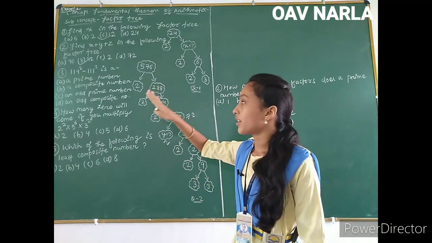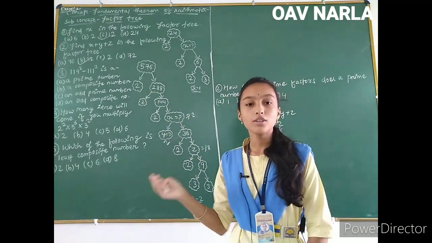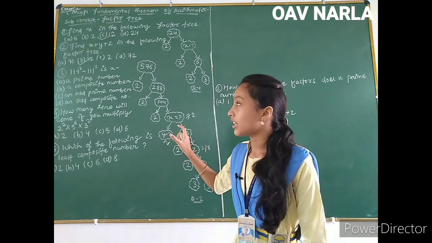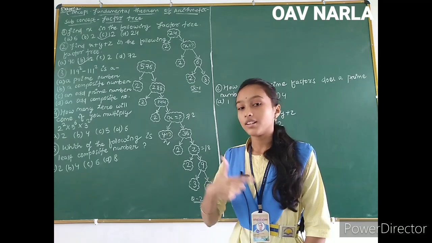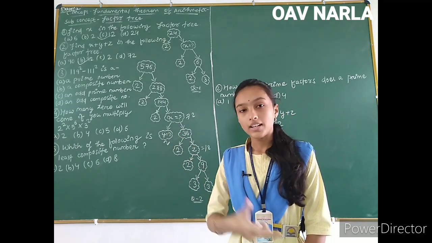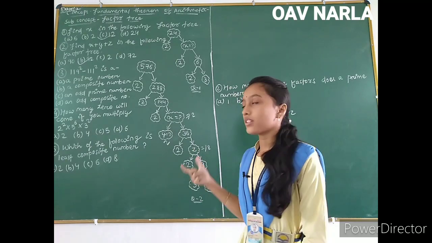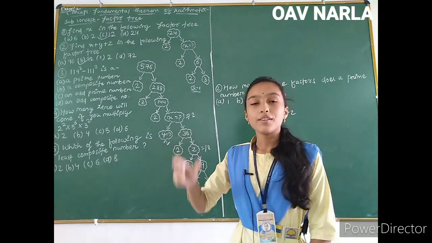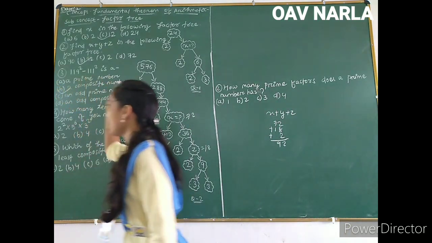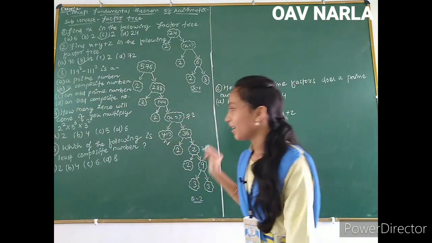When you subtract 111 from 119, you get 8, and we know that 8 is a composite number. That means the result after subtracting the squares is definitely a composite number. Option number B is correct, that is a composite number.